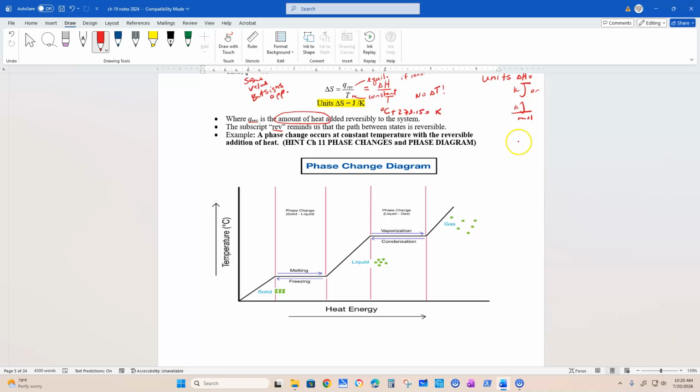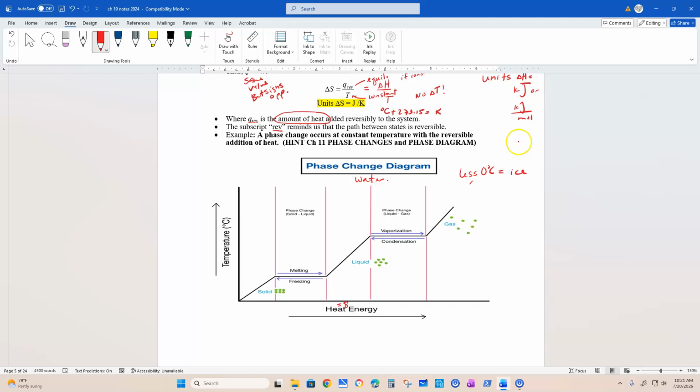With phase changes, okay, so right here, we'll say this is a phase change of water, okay? Notice on the y-axis is temperature, degrees Celsius, on the x-axis is heat, aka Q, okay? What do we know about water? Well, when it's less than 0 degrees Celsius, we have ice.